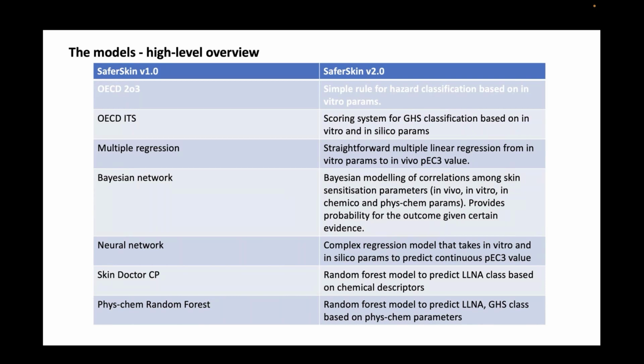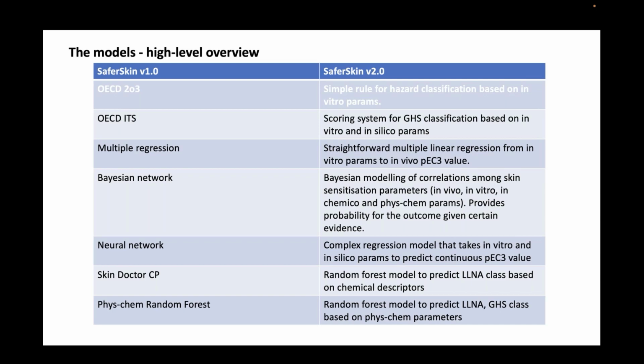And then we have the multiple regression model proposed by Giodan, and it's actually a straightforward linear regression from in vitro parameters to the in vivo EC3 value. So it already provides an EC3 value, which is valuable for quantitative risk assessment.